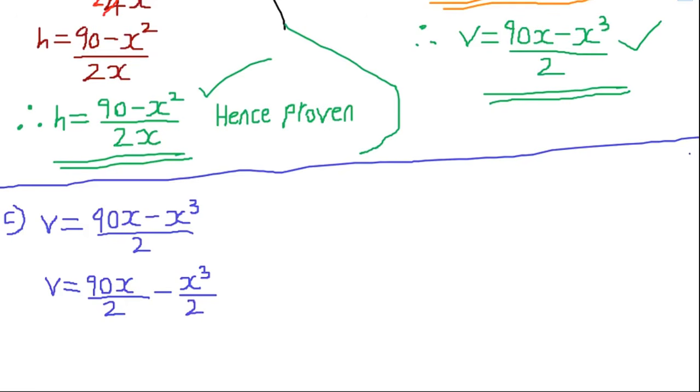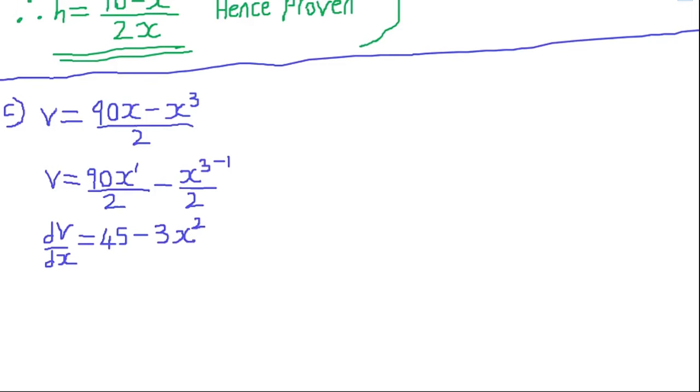So it will be 45 minus, again, when you multiply the power by the coefficient of x, it will be negative 3x, and then when you subtract 1 from the power, it will be 2. So it will be like that over 2. That's what you're supposed to get when you differentiate.